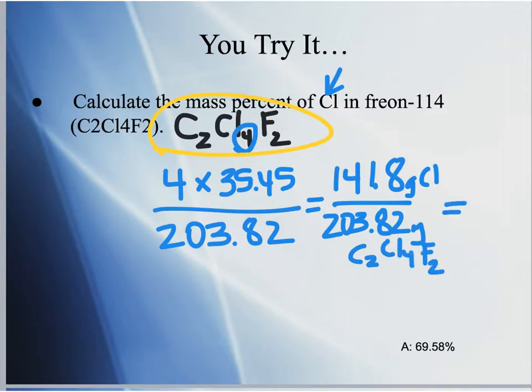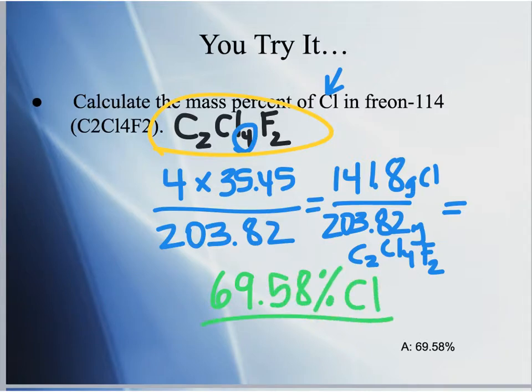And when we do the math, we end up with 69.58% chlorine in this compound. So what's the mass percent of chlorine in Freon 114? It is 69.5%. There you go.